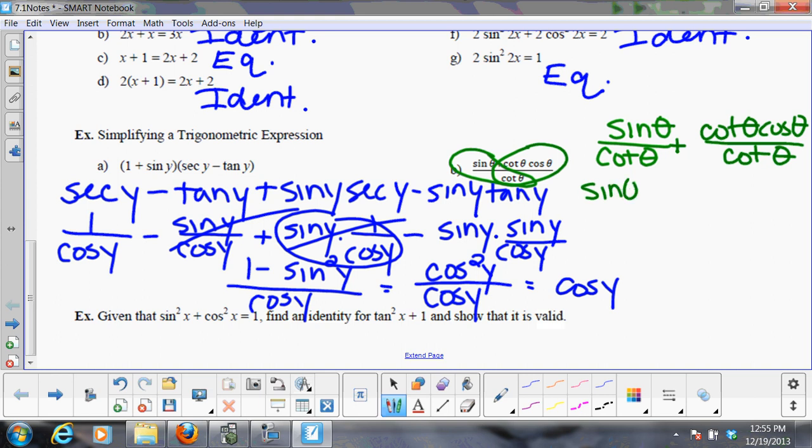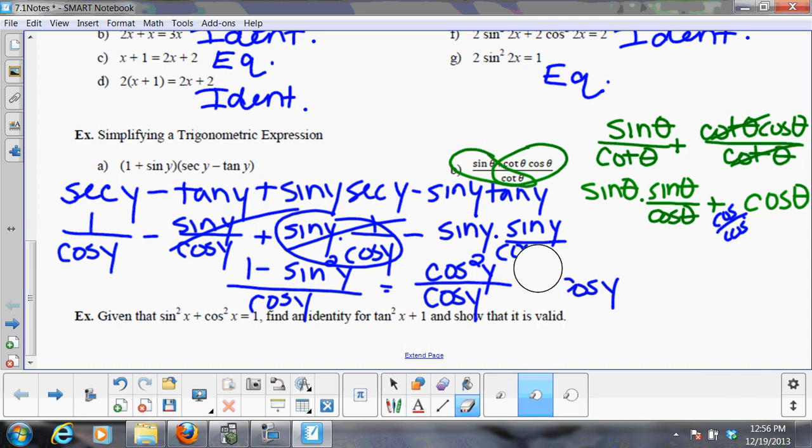So this first fraction becomes sine theta times sine theta over cosine theta plus, well, here our cotans cancel and we're just left with cosine theta. To make it one fraction, the second piece needs the cosine. So we're going to multiply the second part by cosine over cosine. So we get common denominators.